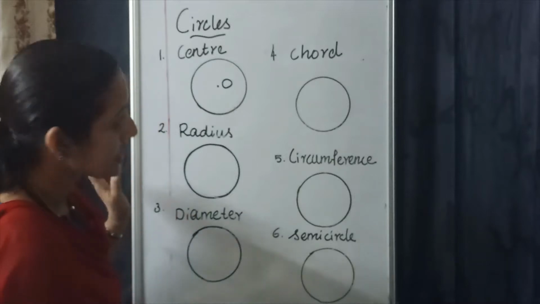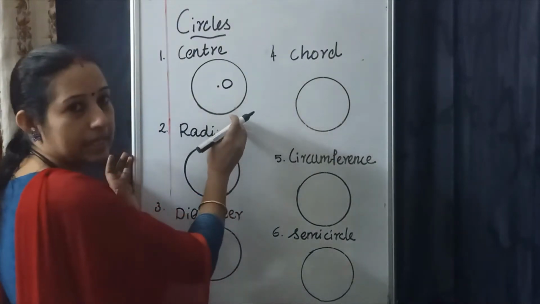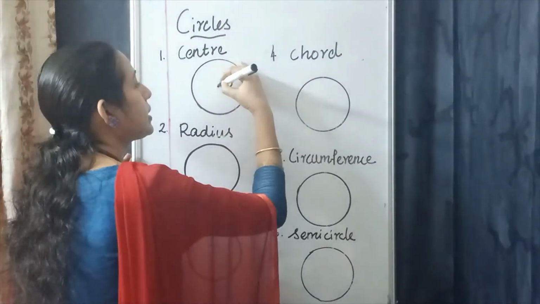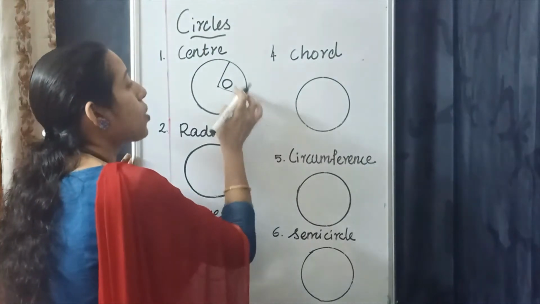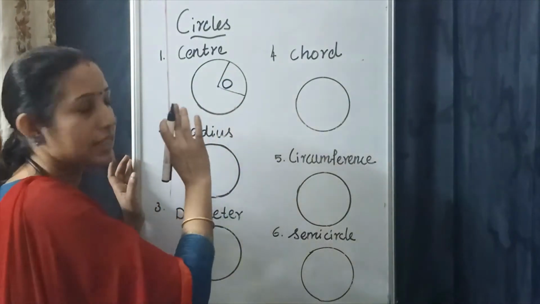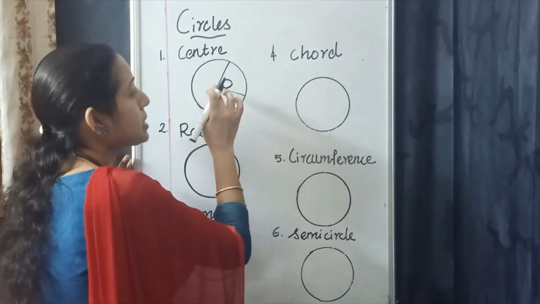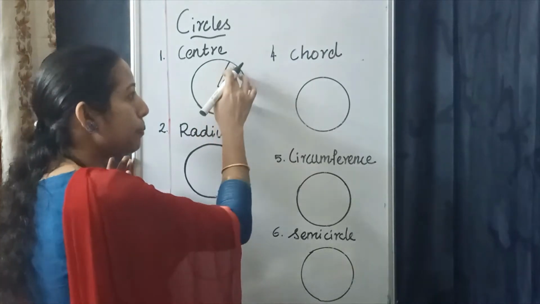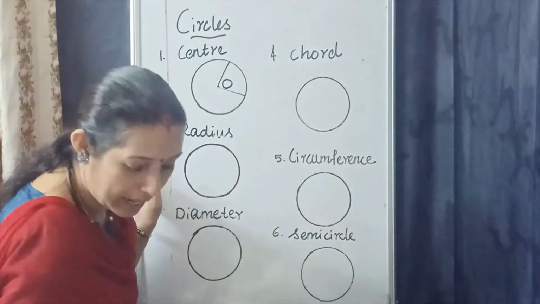And this point is at the same distance from any other point on this circle. So if we draw a line here, and a line here, all these lines are equal in length. It means from the center to any point on the circle, all have the same length.